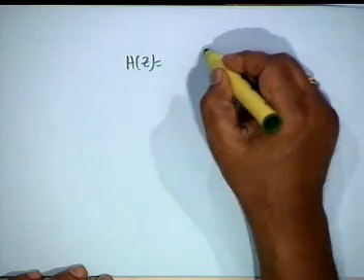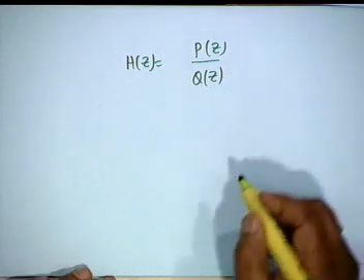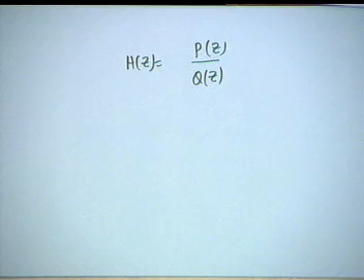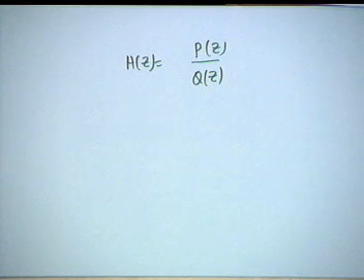Now, when you express the transfer function as, let us say, p of z by q of z, the zeros of q of z are of course the poles of the system, and the zeros of p of z are the zeros of the system, and you know how we represent them in the z plane by means of crosses and small circles.